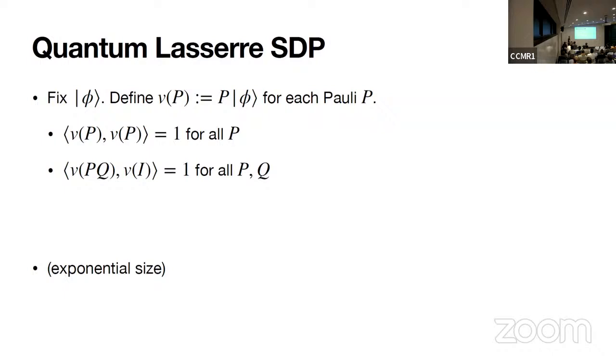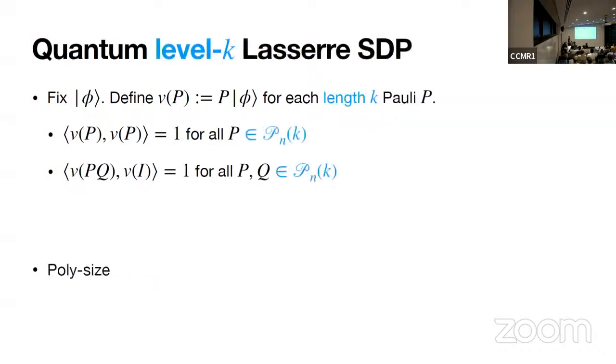And the function is supported on an exponentially big space. Now you can consider level k Lasserre, where you restrict the Paulis to be length k. You'll satisfy both constraints, but now it's polynomial sized.